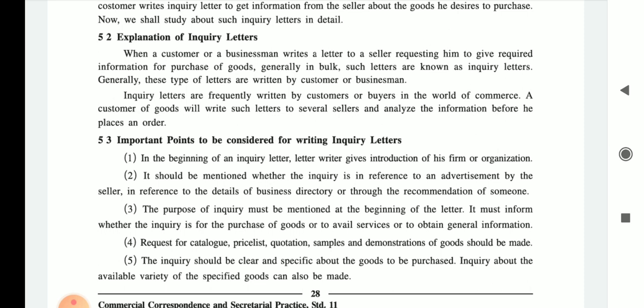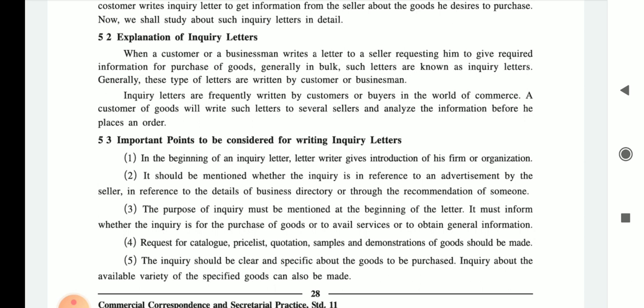A customer or businessman writes a letter to so many sellers requesting inquiries about the product, like what the price is, what the weight is, what the quality is, what the expiry date is. This information helps in making a proper decision about the purchase of goods, generally in bulk.